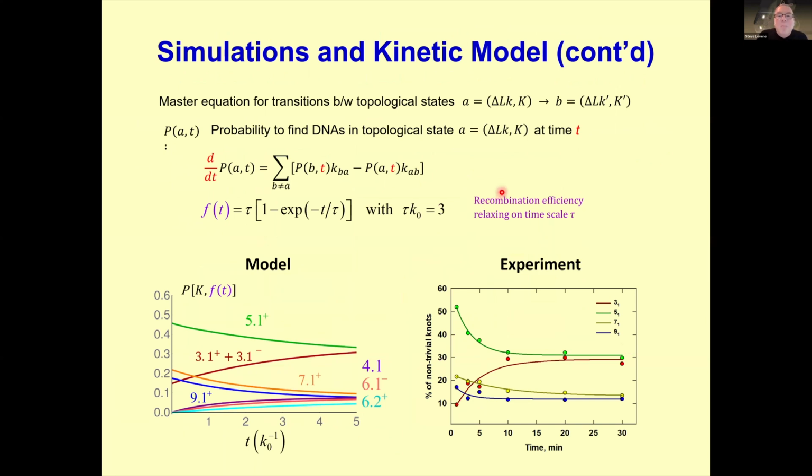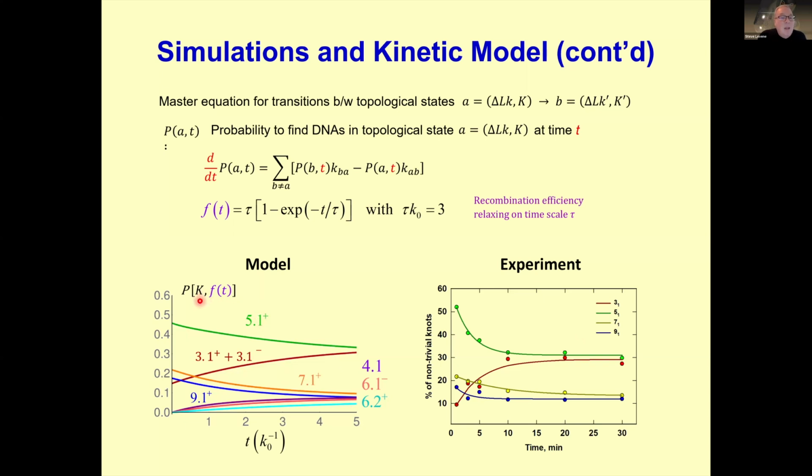Now, one important point is if you invoke some torsional relaxation, we actually get a pretty good, at least semi-quantitative, agreement with the experiment. So this is the experimental kinetic plot that I showed you previously.